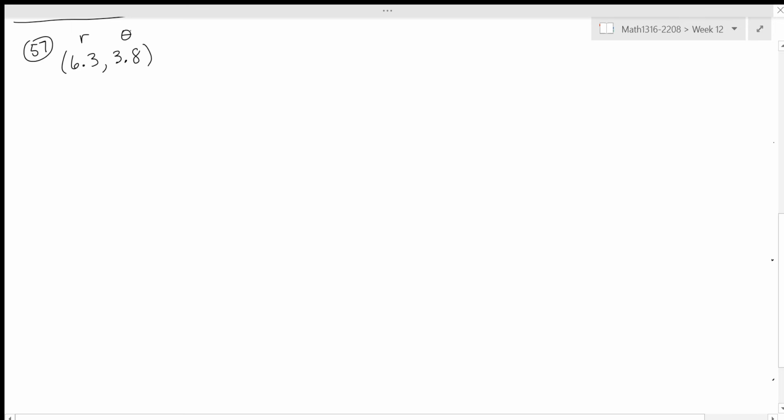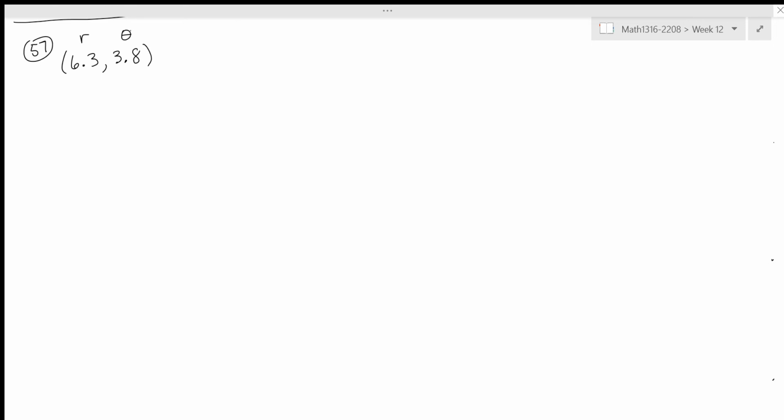Now, can you tell me, is this angle in degrees or radians? Degrees. I think it's degrees. Do you see a degree symbol? No. It's radians. If there's a little circle there, it's degrees. Okay?